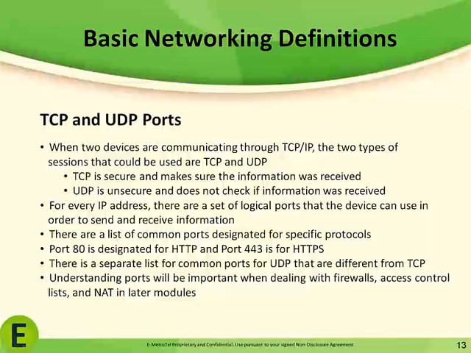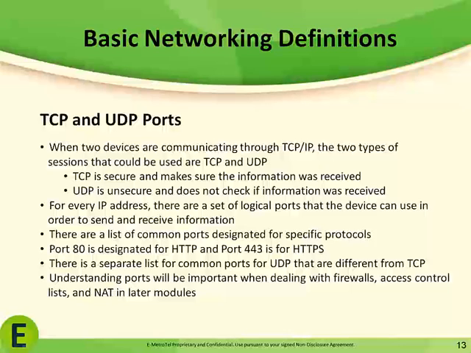Now we're going to TCP and UDP ports. When two devices are communicating through TCP/IP, the two types of sessions that could be used are TCP and UDP. TCP is secure and makes sure the information was received. UDP is unsecure. It does not check if information was received. For every IP address, there are a set of logical ports that the device can use in order to send and receive information.